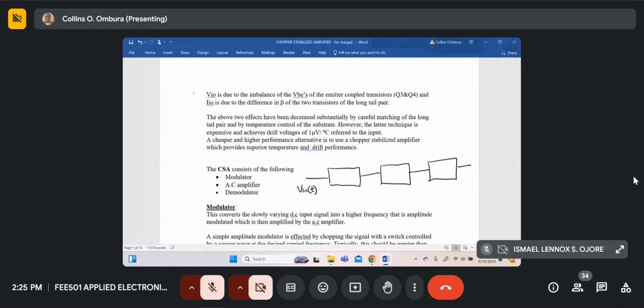So input is V of t, such that dV_in(t)/dt is approximately equal to 0. So the first stage is the modulator. The second stage is what we call the AC amplifier. And that stage is a demodulator.